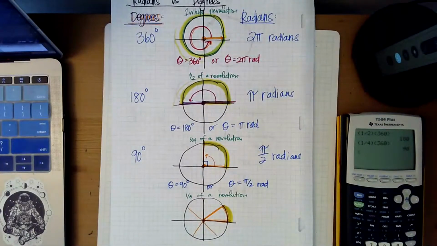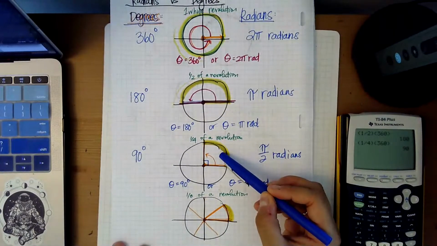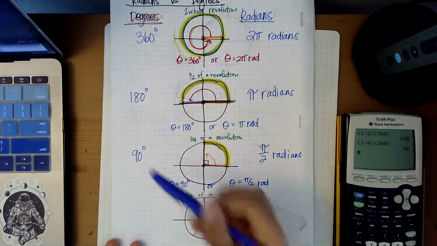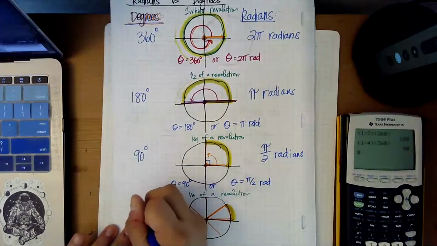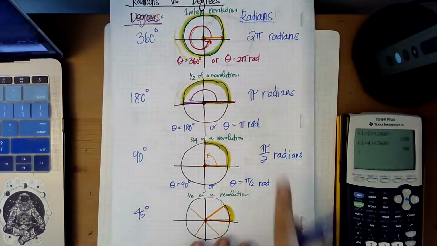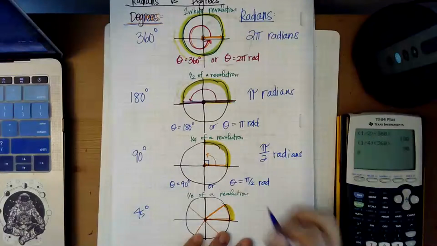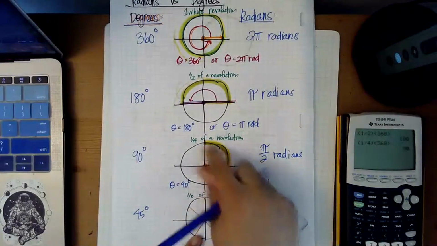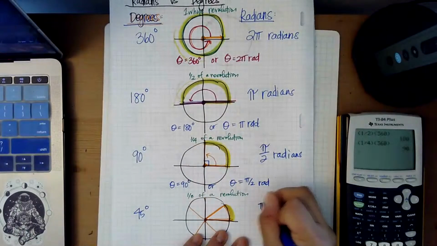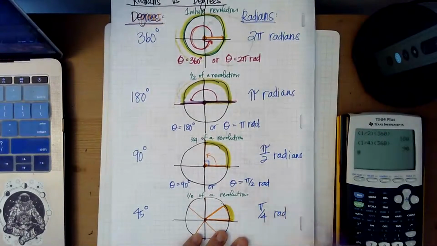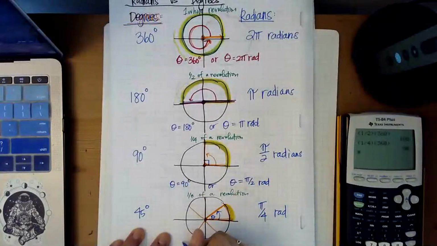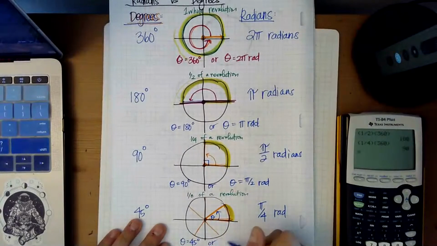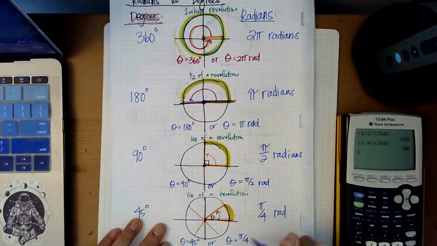And so let's think about that. If this is my anchor point, that's going to be half of that, which gives me half of that is 45 degrees, and half of pi over 2 is going to be, look at that, pi over 4. So right here, theta is equal to 45 degrees, or theta is equal to pi over 4 radians.